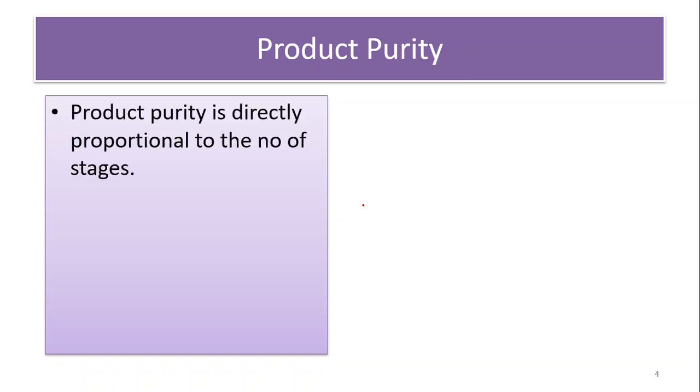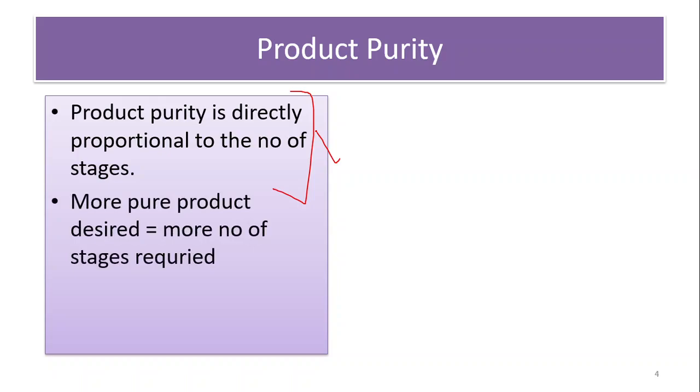So purity is directly proportional to the number of stages. More pure product requires more number of stages. That's a simple relationship. Anyone desiring to produce 95% A from the top requires more stages compared to 90% A from the top.